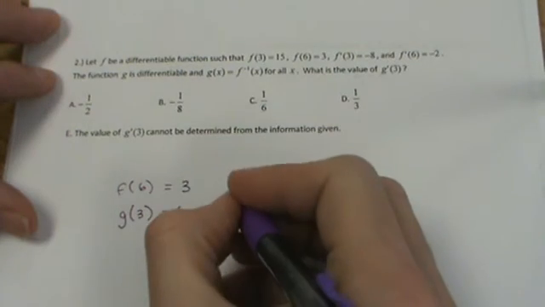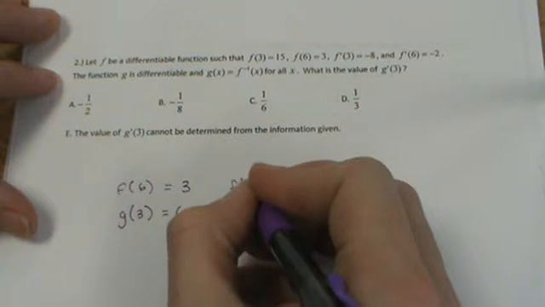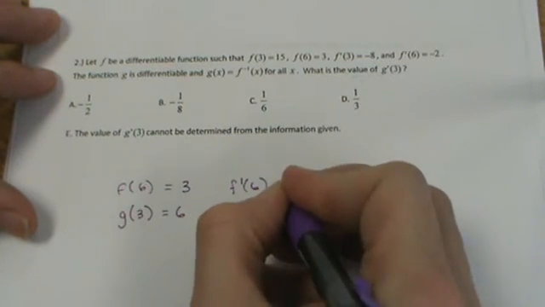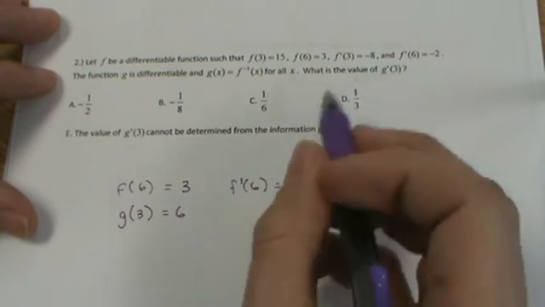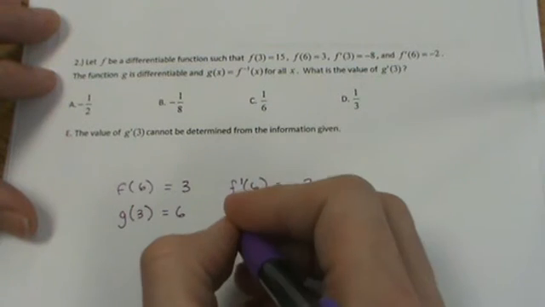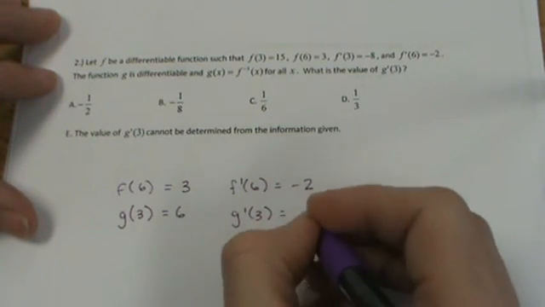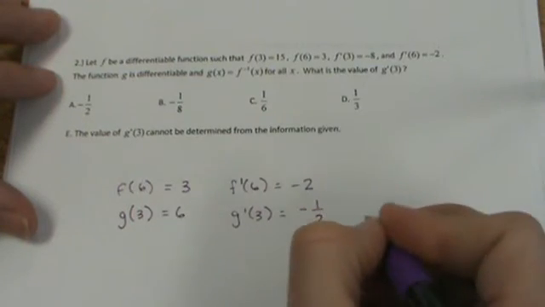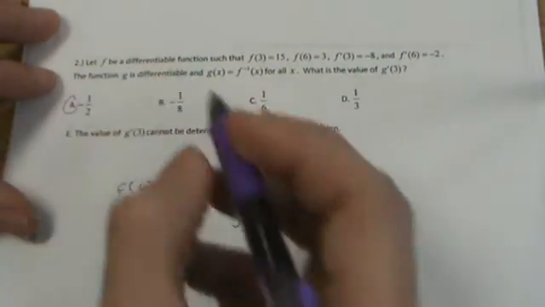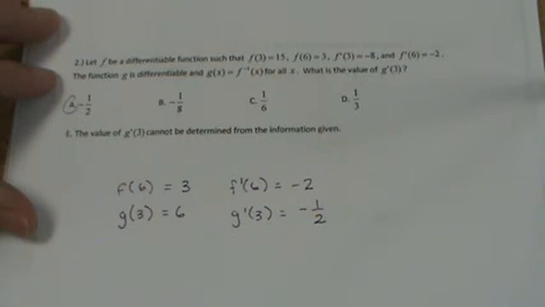Then we should be able to look at our information for f prime of 6. And f prime of 6 is -2, so that means g prime of 3 is the reciprocal, which would be 1/2. And if we look up here, there it is right there, value A.